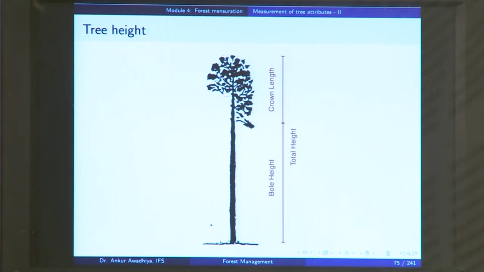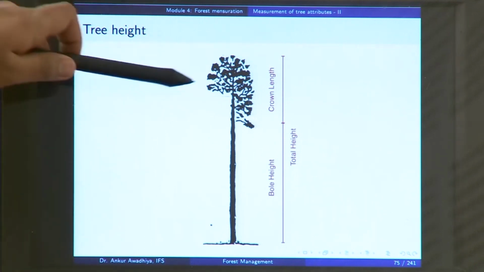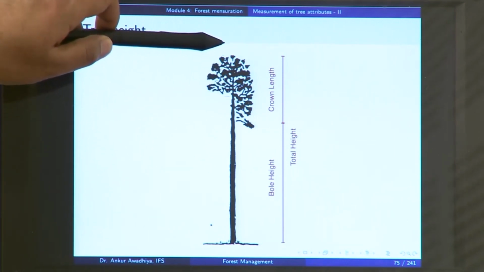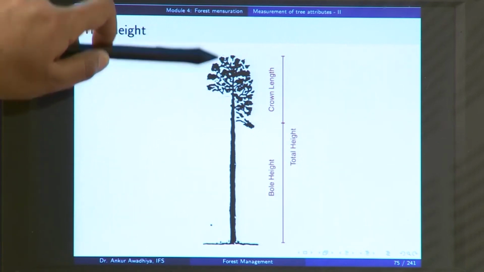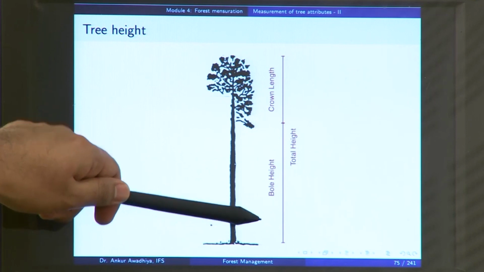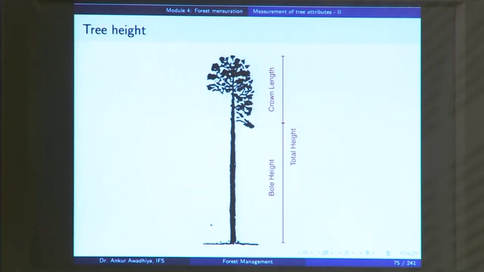So, they do not have a very large commercial value, but the bole has a very good commercial value. The length from this point to the top of the tree is known as the crown length, and the total height of the tree is equal to bole height plus crown length.